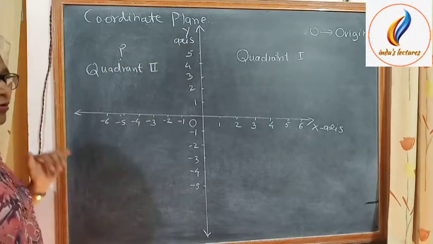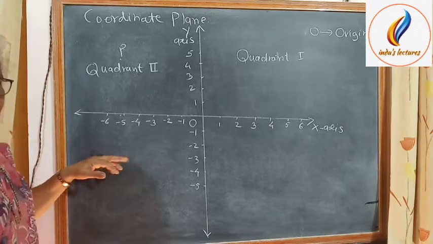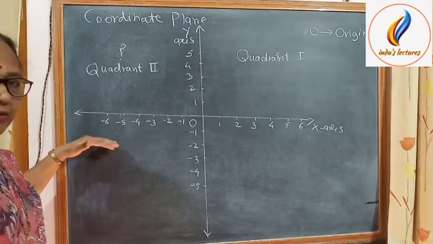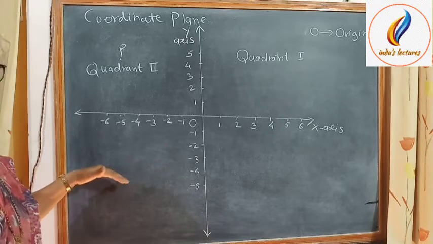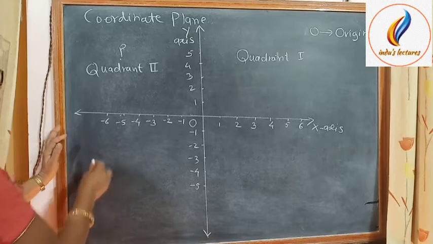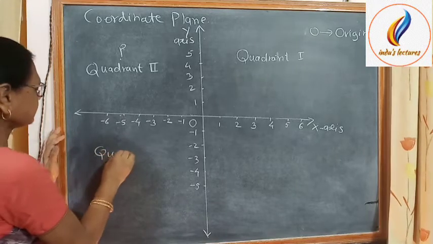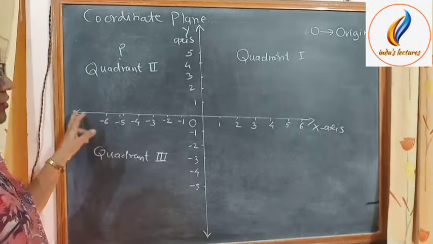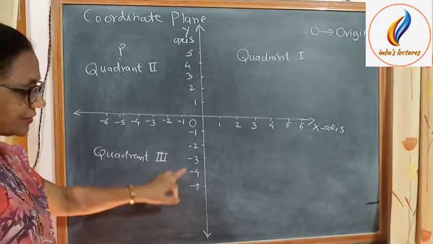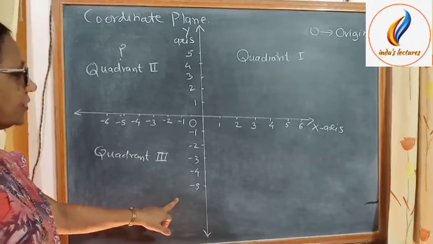Now consider the third quadrant. The left below region is called the third quadrant. In this quadrant, the x-axis has negative values as well as the y-axis has negative values.